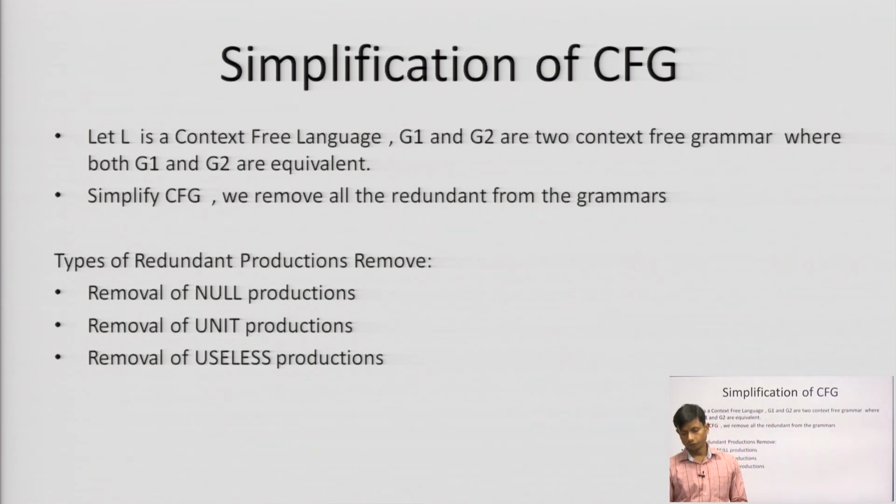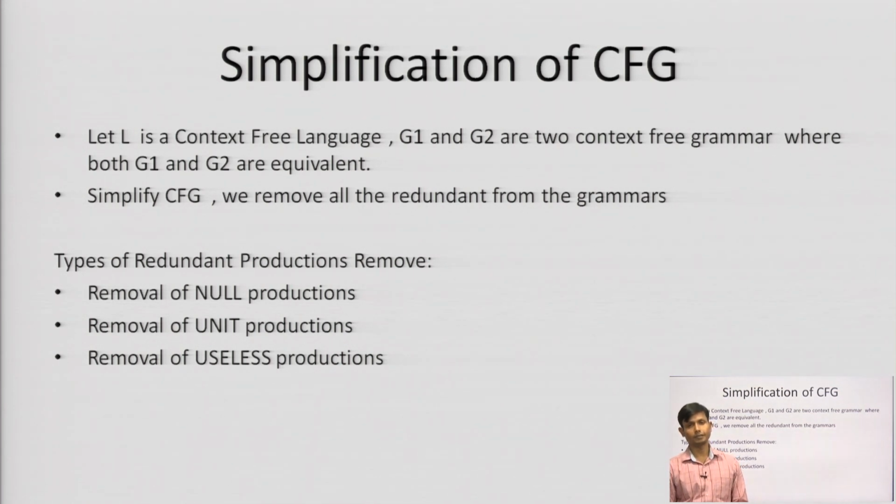Here we will look at the removal of null production. A null production means we have some epsilon production, and we can remove that epsilon production. But remember one thing: when you remove the epsilon production, your language must not derive the empty string. After removing the epsilon production, your grammar generates the same strings that it generated previously.